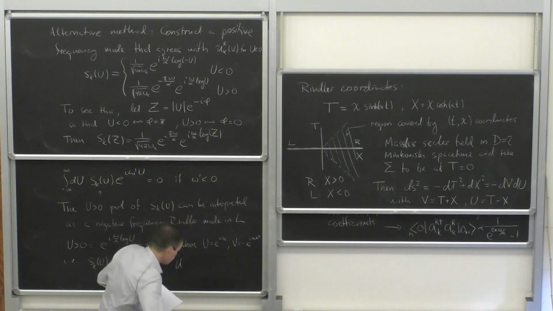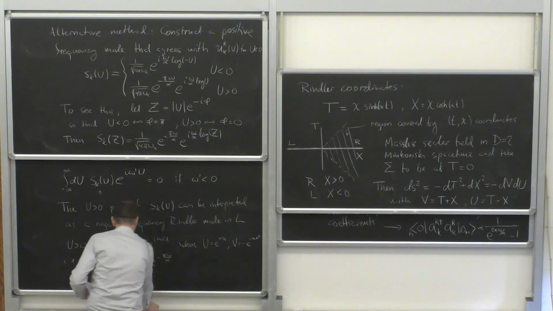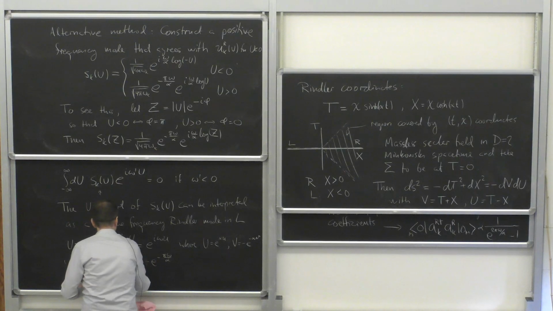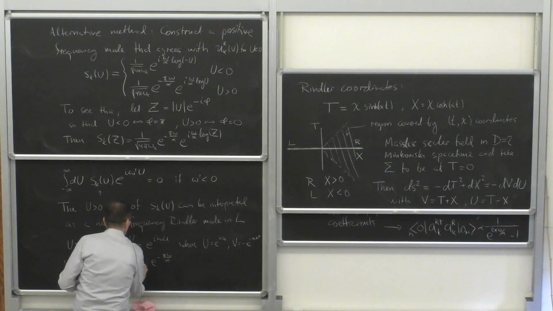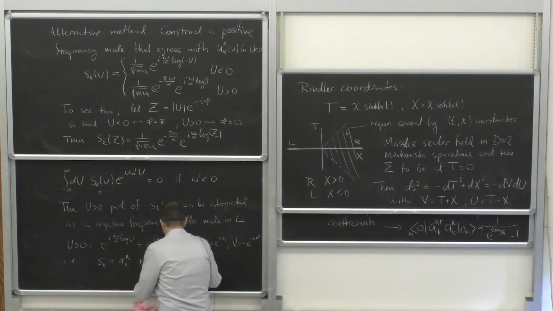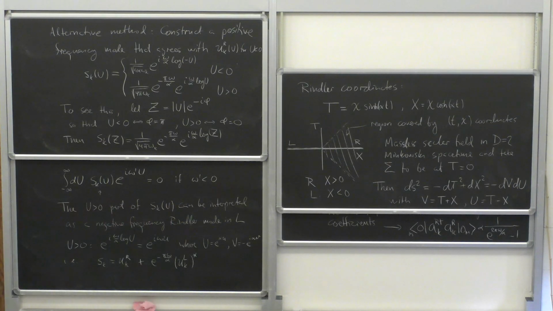So let me just write it like this. So we construct, by construction, it was equal to a right moving mode on the right wedge. And then on the left wedge, we have a negative frequency mode. Okay.